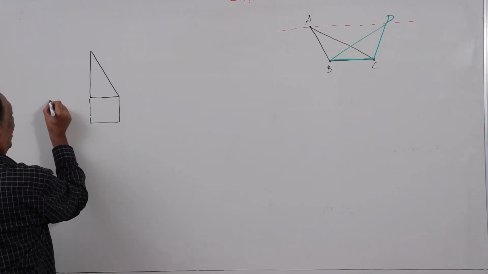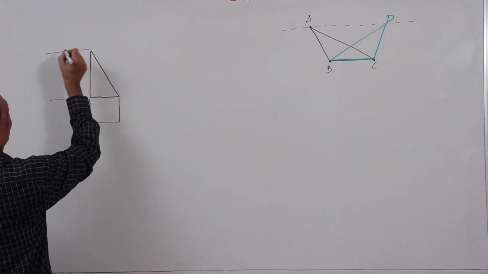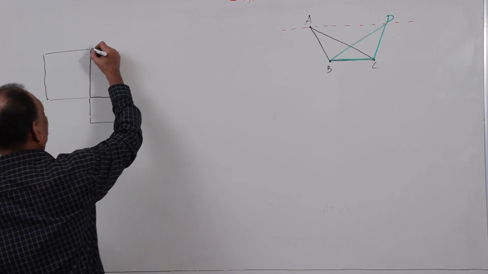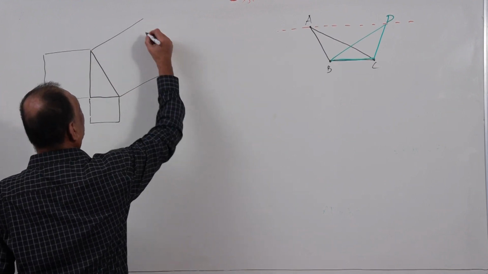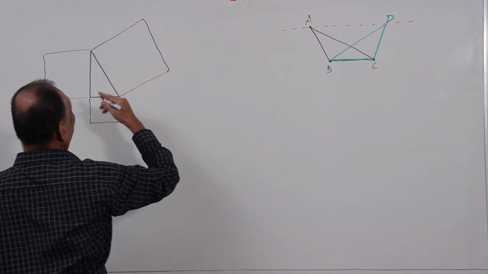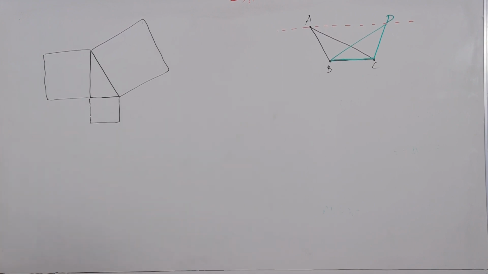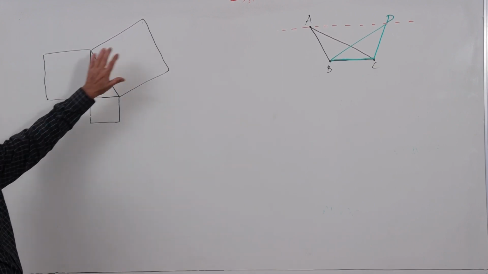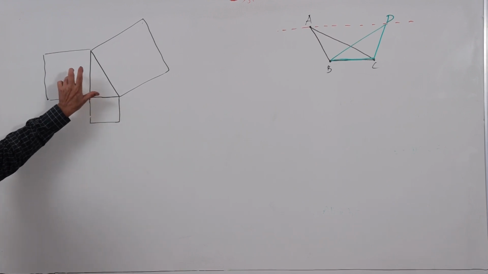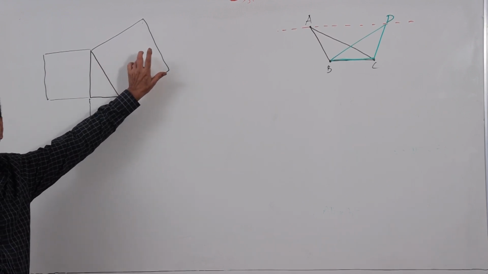So I have to actually draw the three squares. You can see the hypotenuse has got a bigger square, right? So Pythagoras theorem states that I got three squares here. You add up the areas of these two squares, and it will add up to the area of the third square.